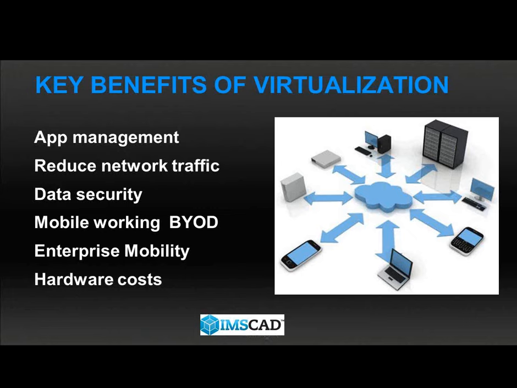Data never leaves the central server. It's only viewed from the remote devices. So if a remote device is accidentally misplaced or lost or indeed stolen, all that happens is simply access is then withdrawn from that device. There is no data on that device to compromise. So we're talking significant IP protection there.